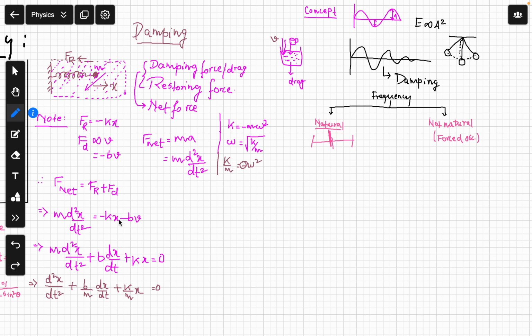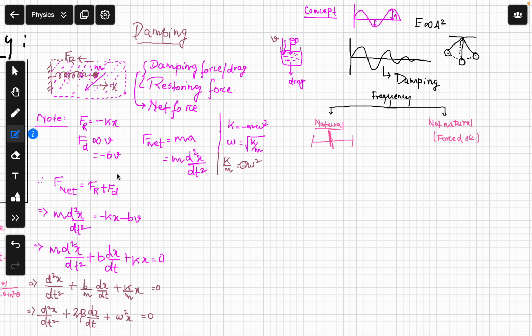Now I can write it as d2x by dt square plus, for b by m, again I will take it to be a constant, 2 beta dx by dt. I'm writing it in such a form so that we can easily solve the second order differential equation, plus omega square x is equal to 0.